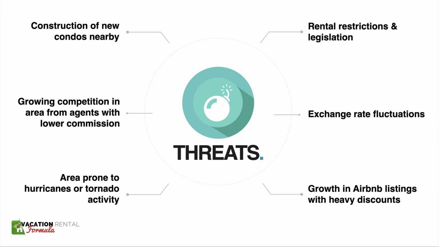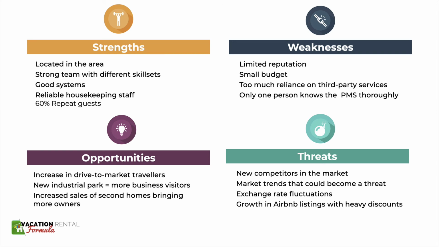So now you have your list of strengths and weaknesses, opportunities and threats. What are you going to do with it? Well, the first step is to look at your strengths and figure out how you're going to use them to take advantage of your opportunities. Now, in this particular example, I'll just take the example of the new industrial park with more business visitors.